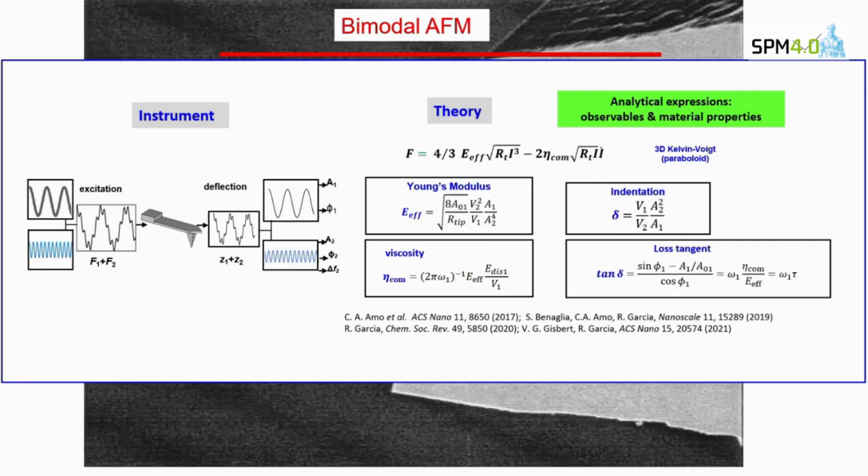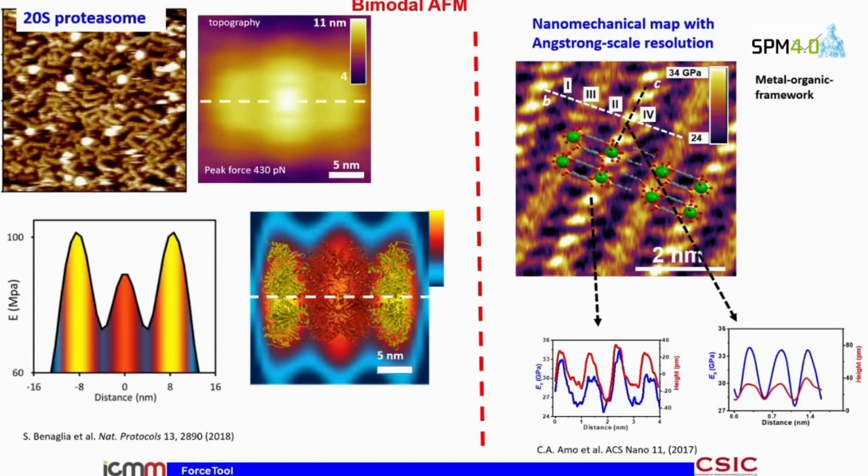And once you have that, then you can generate maps of mechanical properties of proteins in liquid, in buffer solution, with very high spatial resolution, just mapping the changes, in this case, of the Young modulus of this proteasome.